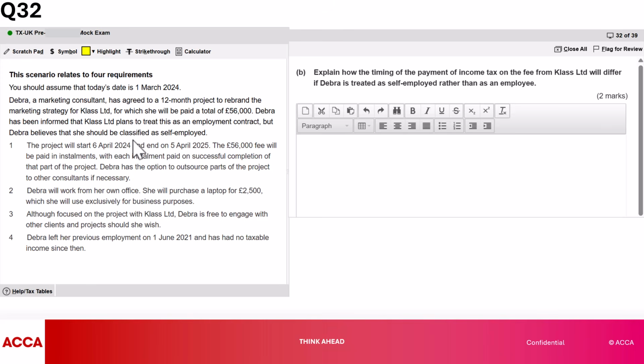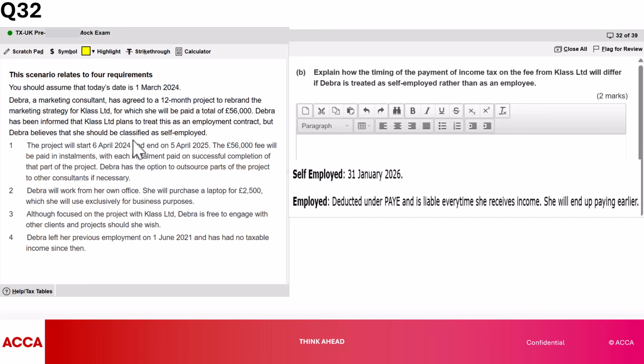Now, explain how the timing of the payment of income tax on the fee from Class Limited will differ if Deborah is treated as self-employed rather than as employed. So this question just requires us to identify when each will actually be liable for tax. Now, as a self-employed individual, that date would be 31st of January 2026 for the tax year 2024-2025, okay?